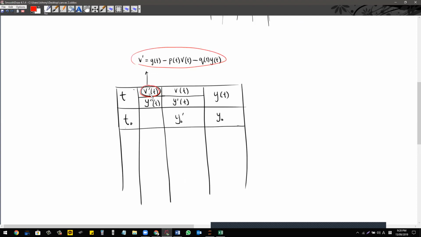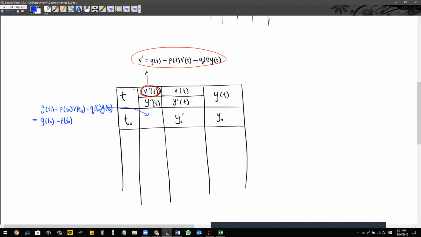But then this one here is going to be G of T naught minus P of T naught, V of T naught minus Q of T naught, and Y of T naught, which is equal to G of T naught minus P of T naught.